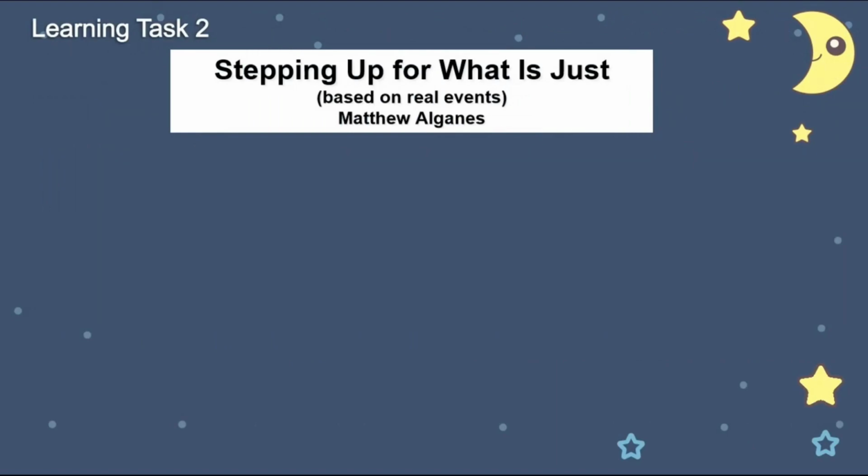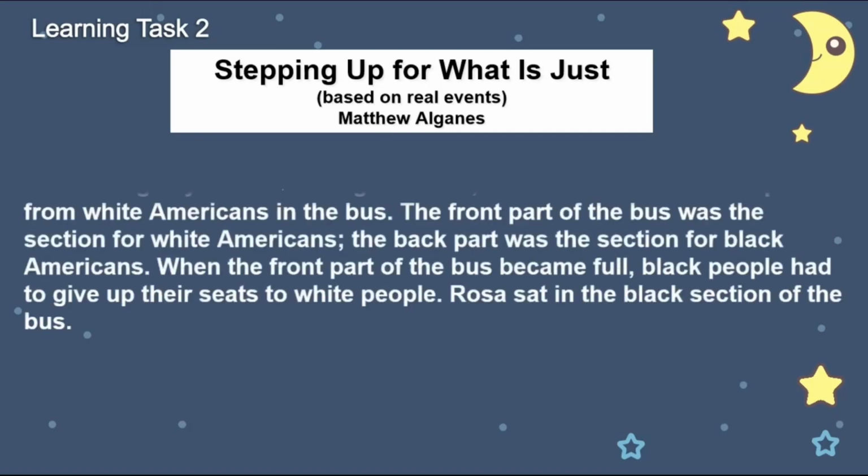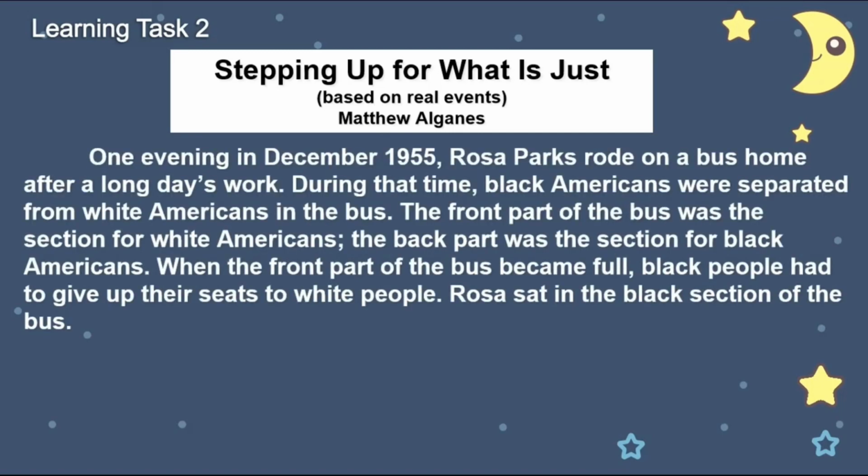Okay, learning task 2. Let's read a story about stepping up for what is just, based on real events by Matthew Alganis. So one evening in December 1955, Rosa Parks rode on a bus home after a long day's work. During that time, Black Americans were separated from white Americans in the bus.